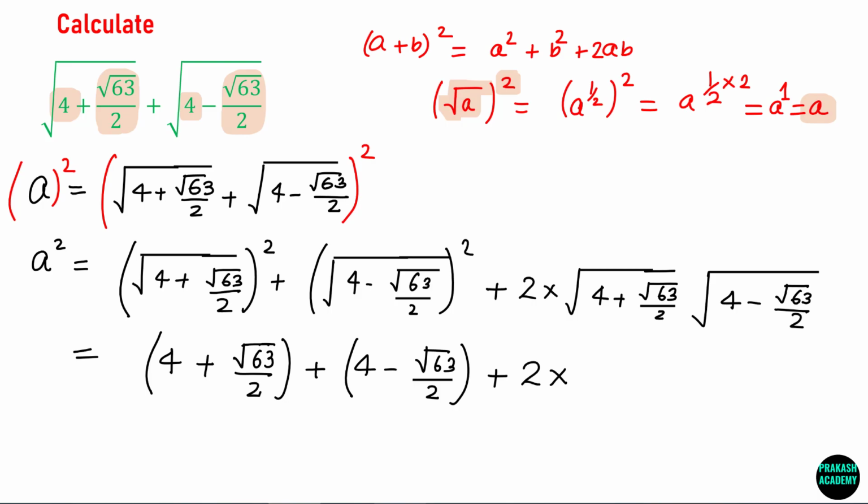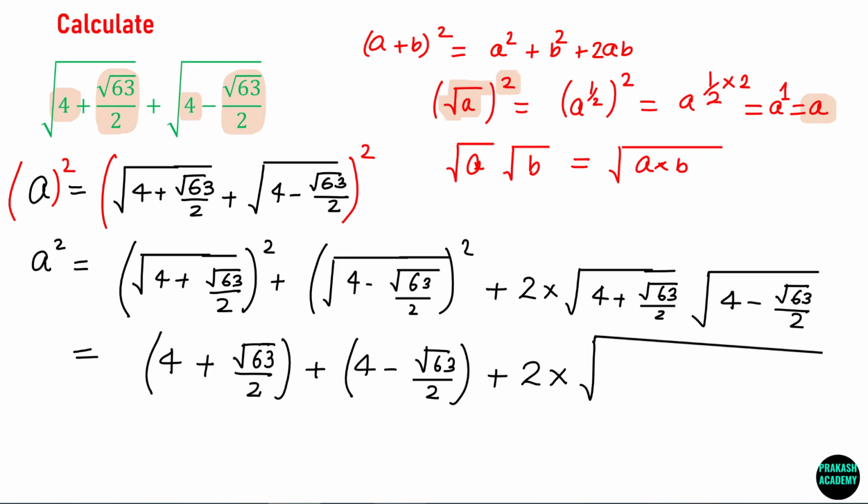Now you have another rule of power. If we have root A times root B, the rule says you can take both inside, that is root over A into B. So with this rule I can rewrite this expression as the square root of (4 plus root 63) divided by 2 multiplied by (4 minus root 63) divided by 2.